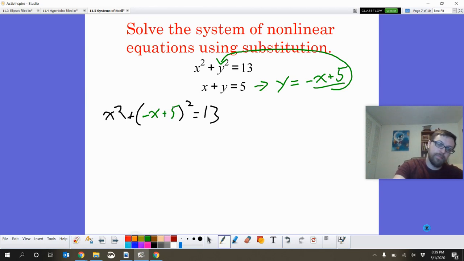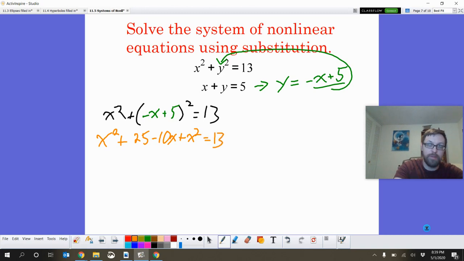Ace. Now it's a quadratic thing, so I'm going to do quadratic solving stuff. I'm going to square that binomial. That is going to be 25 minus 10x. I'm just cheating off of my key. It's the end of the year, man.